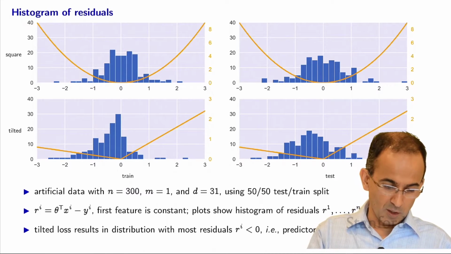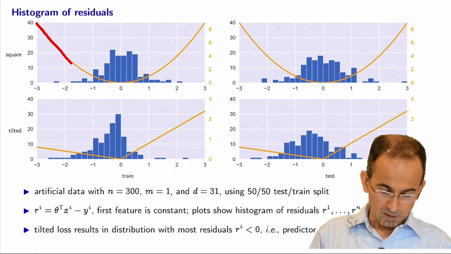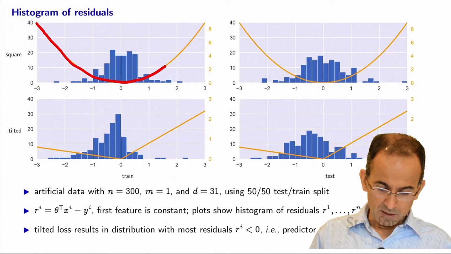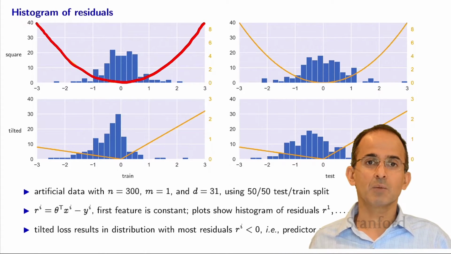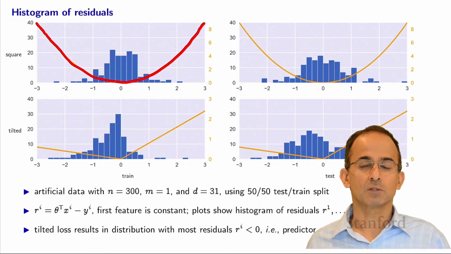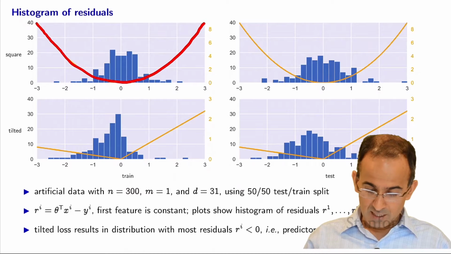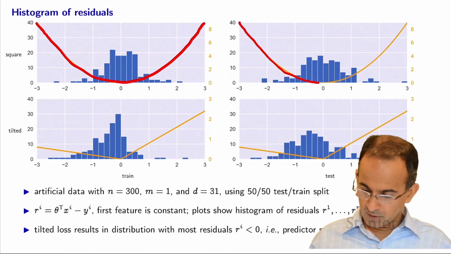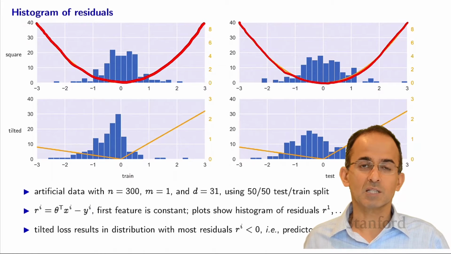And so this curve here is our penalty function. And we can see we've got some distribution of residuals. And if we look at that in the test data, we get a fairly similar distribution of residuals, as we'd expect.